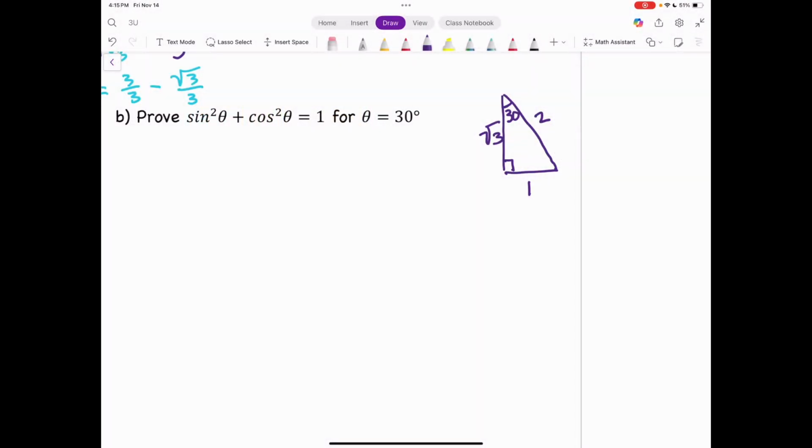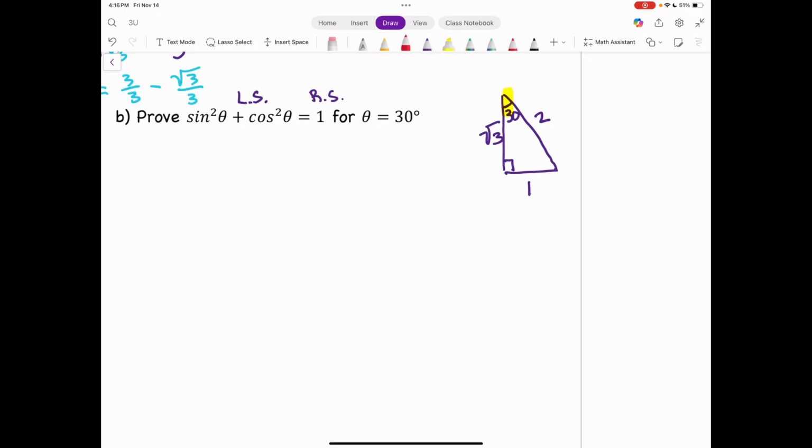Okay, so here's another left side equals right side question. So we're trying to prove that sine squared plus cosine squared equals 1 when our angle is 30 degrees. So again, we're working with the 30-60 special triangle. In this case, again, we're working with 30 degrees. That's our relevant angle.